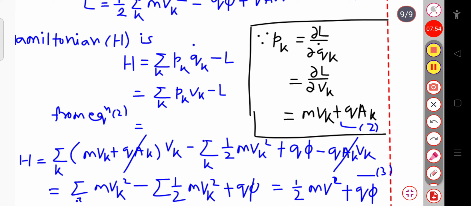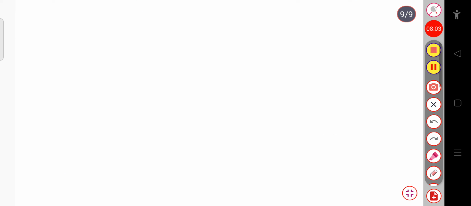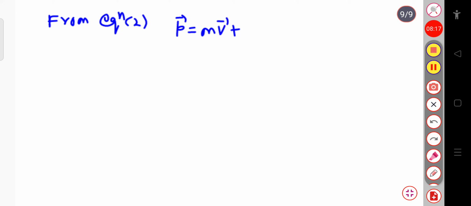Now from equation 2, that is p equal to m vk plus q ak, I can write p equal to m v plus, in place of q ak I can write q a, where a is the vector potential.